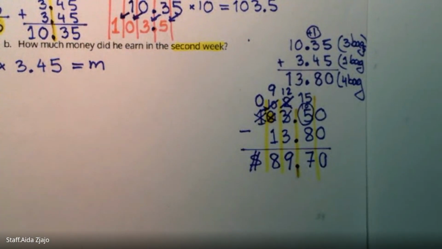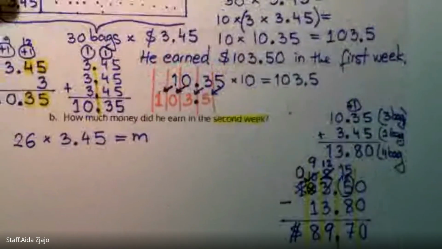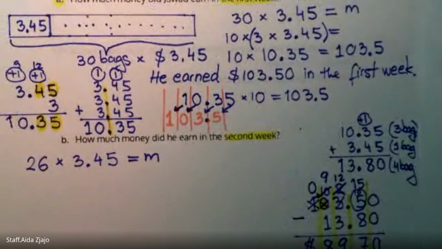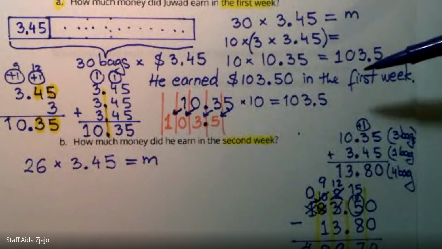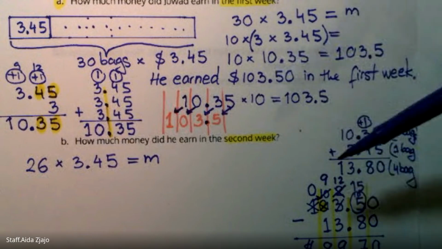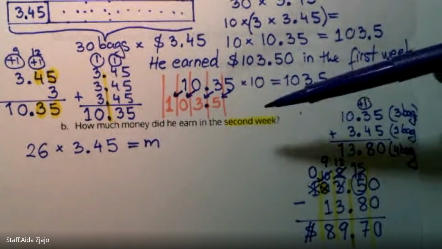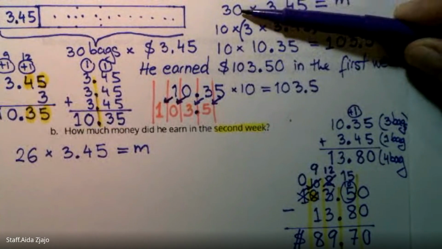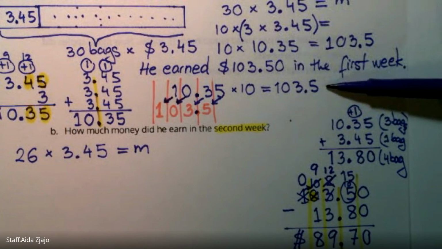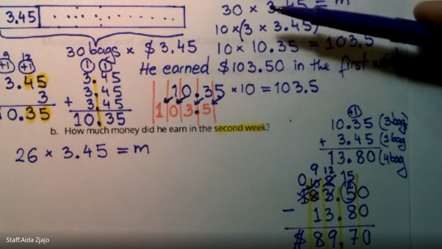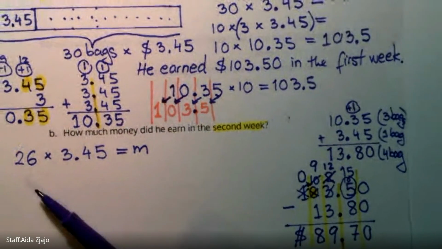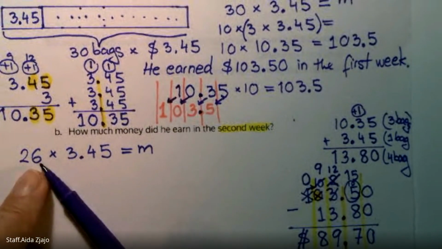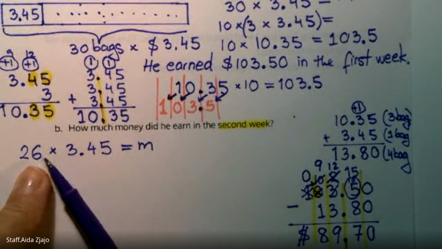But this was just logical thinking from the answers that you already have, to show how you can arrive at the answer that is needed here. So it was 30 bags that we found the answer for. Now 26 bags is just 4 bags less.